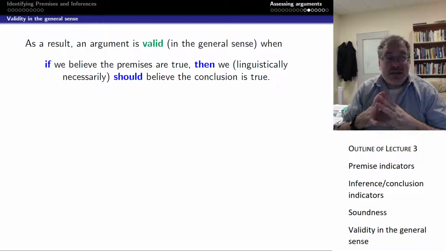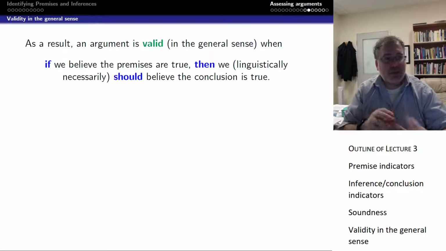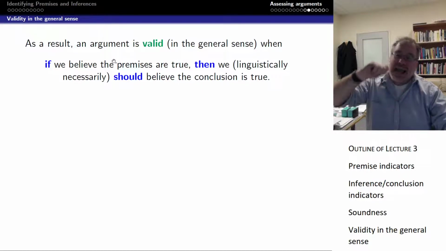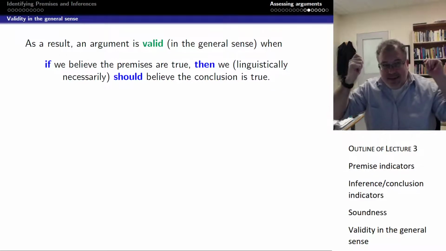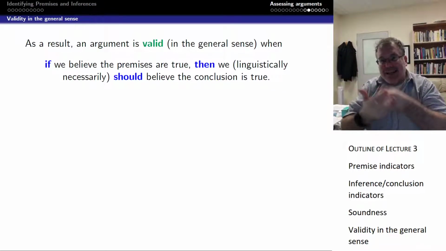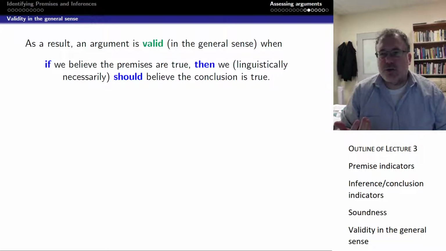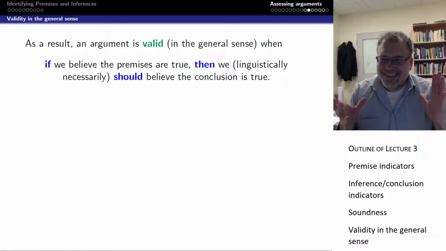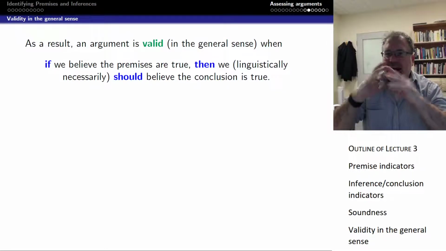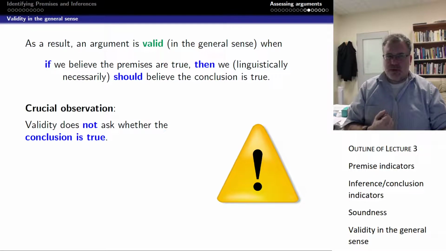Now, as you see, we again have a conditional criterion, right? It says something like, hey, if we believe the premises are true, then linguistically it's necessary that we should also believe the conclusion is true, right? As long as we just understand the words, no need to understand facts, just the words, we should believe the conclusion is true as well.